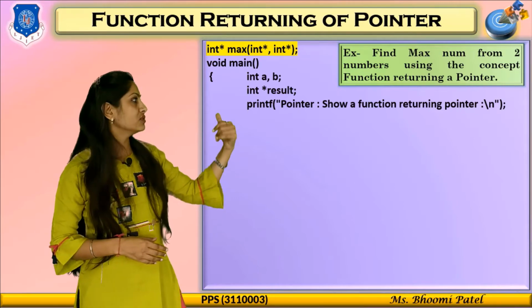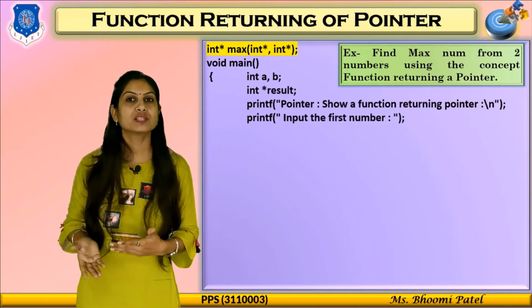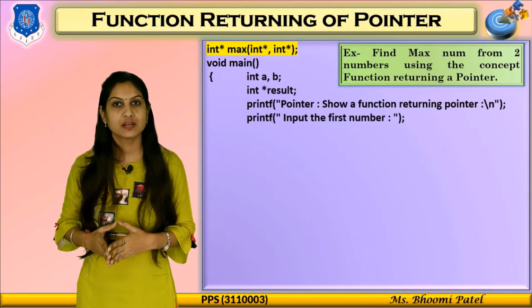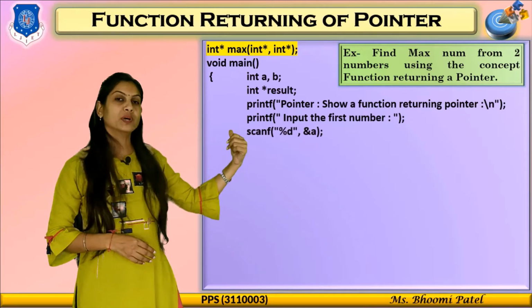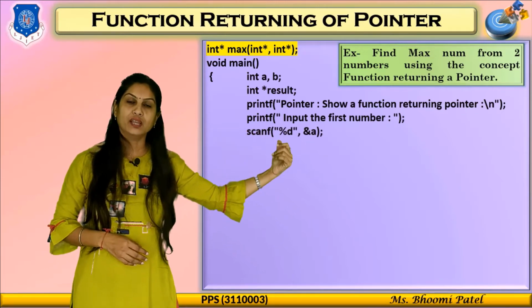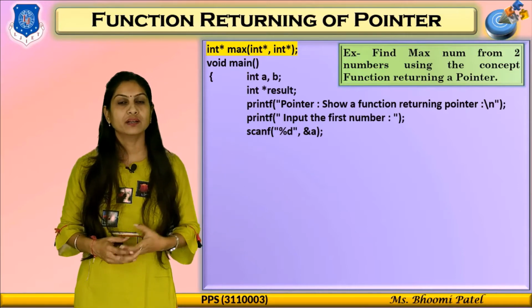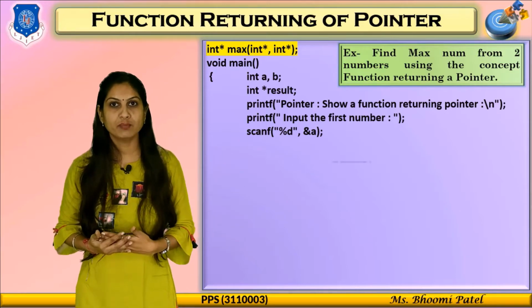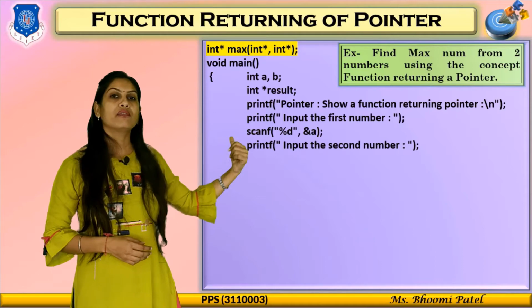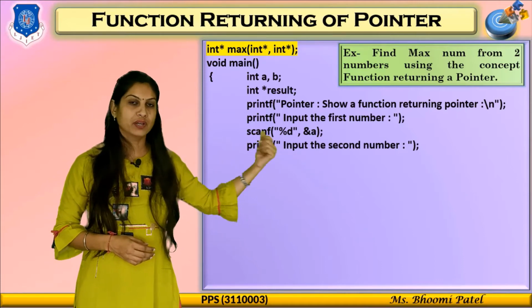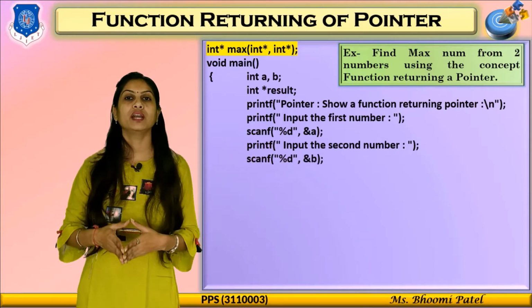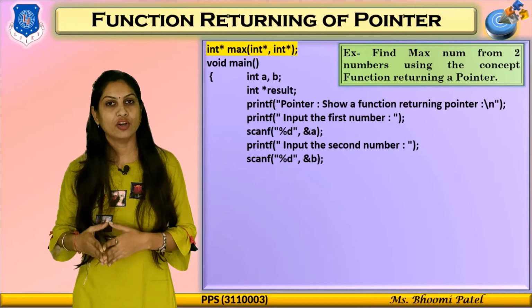Then we use printf for inputting the first value, input first number, and scanf %d &a, so the first data will be read. Likewise the second one is read using printf input second number, and then scanf %d &b.